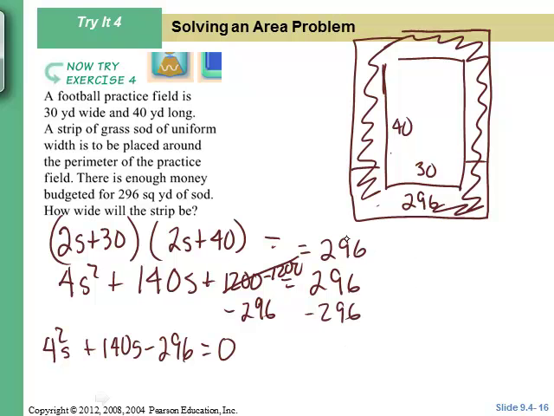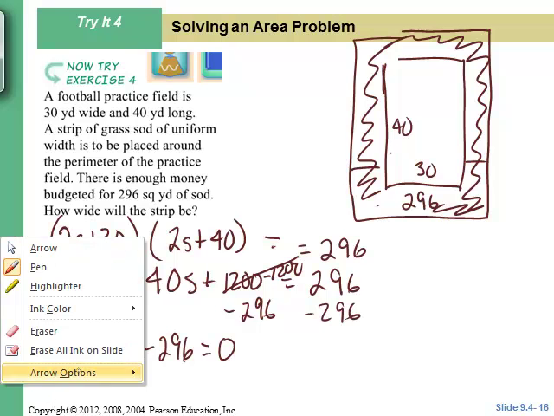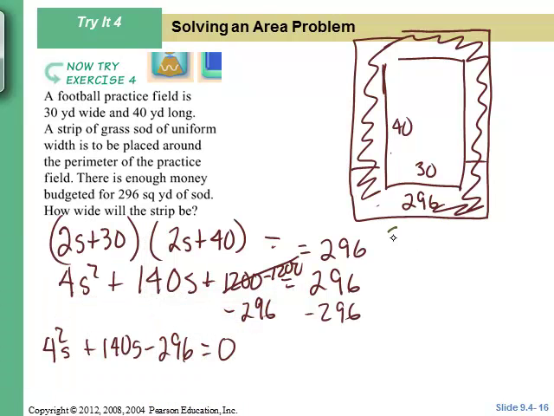We get s squared, I'm going to change colors, s squared plus 35s minus 74 equals 0. What two numbers multiplied equal 74 and are 35 apart? 74 divided by 2 is 37.